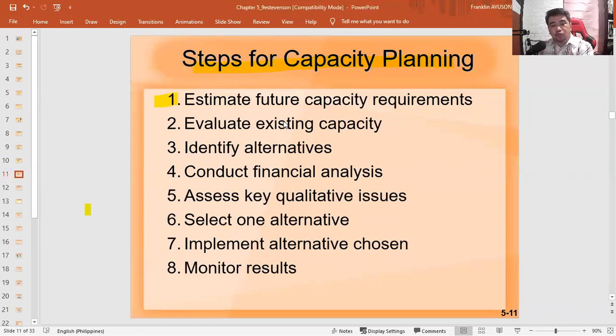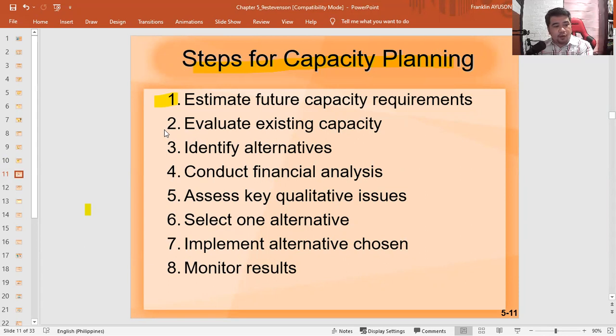An estimate or a forecast of the future capacity will be required because some of our assets, in the form of our space or land, we cannot adjust. Once we have built the building, once we have built the manufacturing plant, we cannot simply adjust anymore. So a future estimate is important.